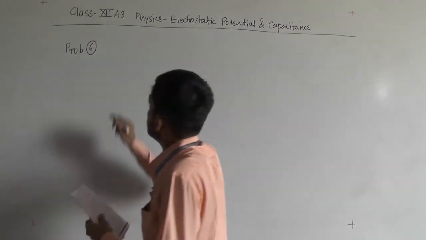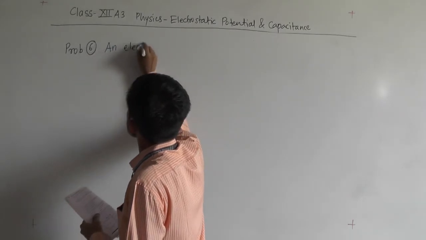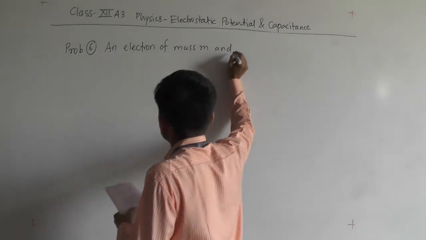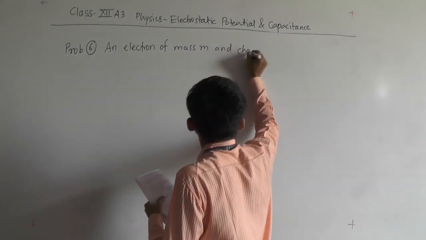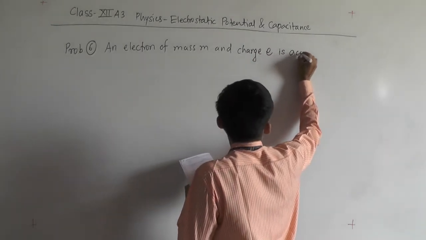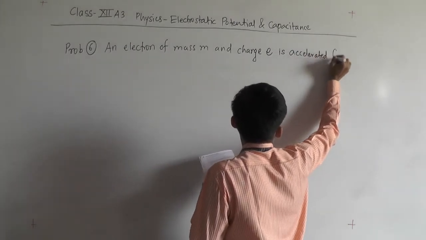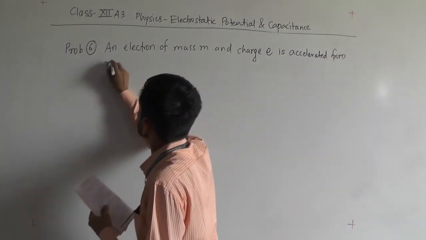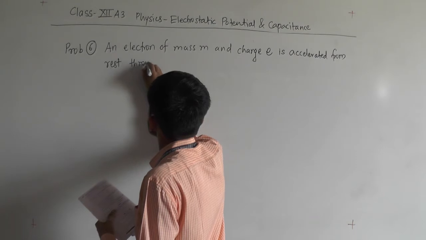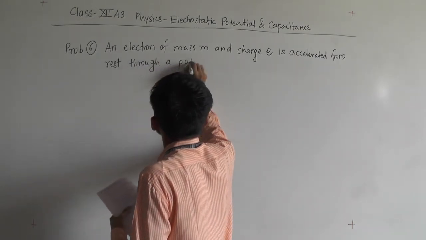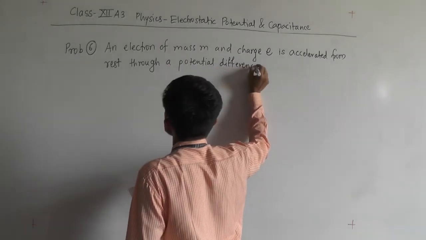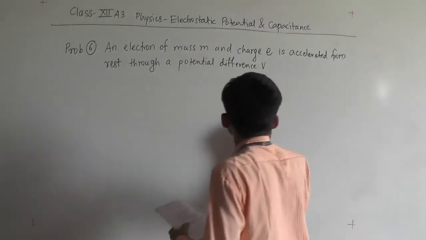So we'll go for problem number 6. An electron of mass m and charge e is accelerated from rest through a potential difference V in vacuum.